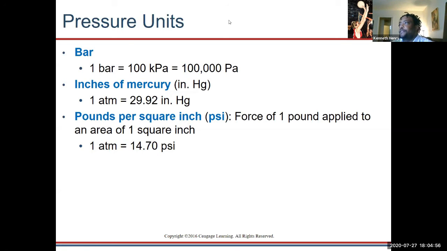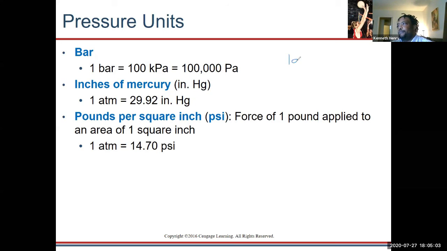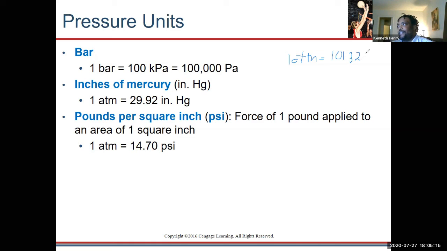So 1 ATM is equal to 101,325 units, pascals.